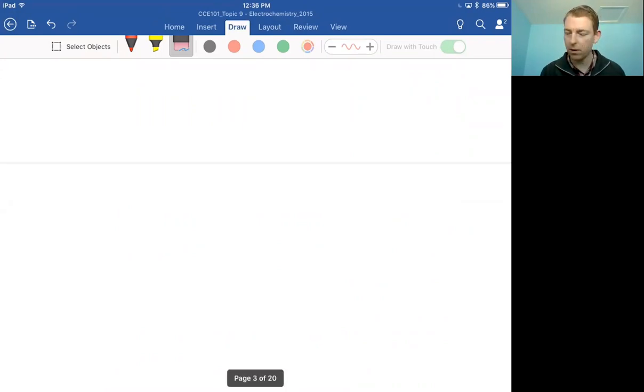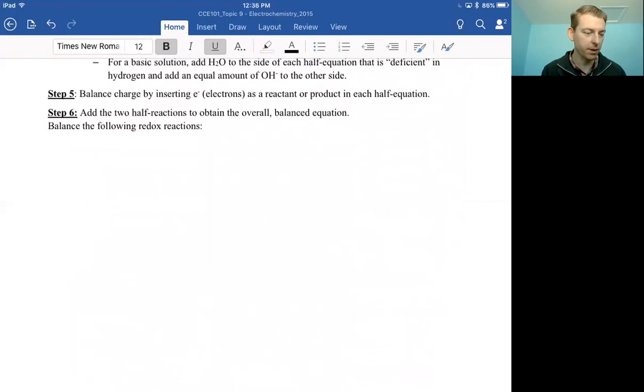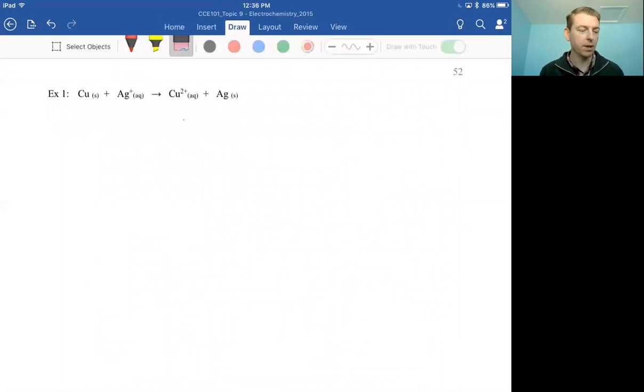So on your sheet, you've got it written. We're going from copper metal with silver ions in solution to copper 2 ions and silver metal. You can imagine this setup being like you've got a beaker with some silver ions from silver nitrate or whatever other salt you put in there, and you just set in a plate of copper metal.